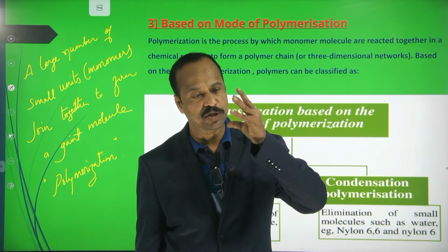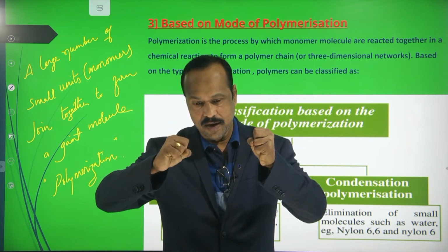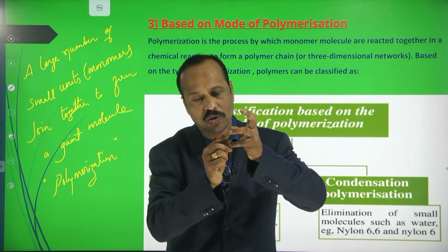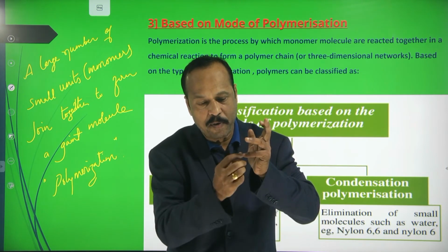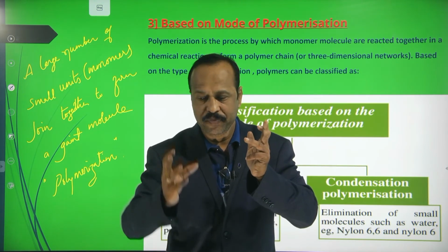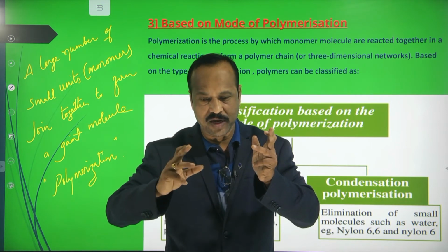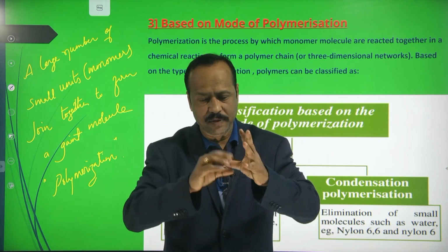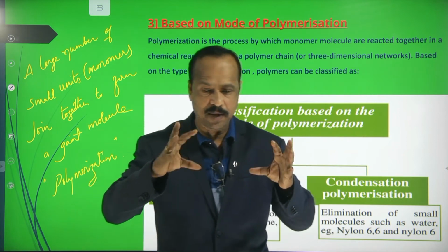Condensation polymerization. What is condensation polymerization? Here one molecule will be there, here one molecule will be there, but when these both combine, from this molecule one atom or group of atoms will come out, and from this molecule also one atom or group of atoms will come out. For example, here 5 atoms are there, here 5 atoms are there, like an example I am telling.